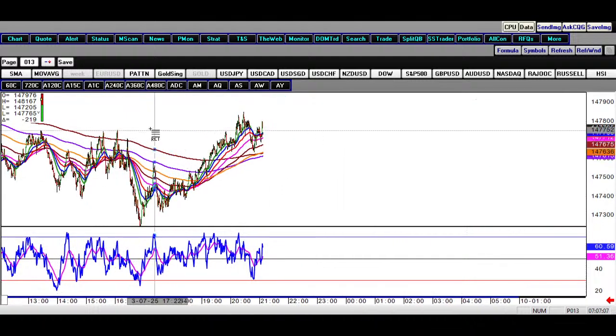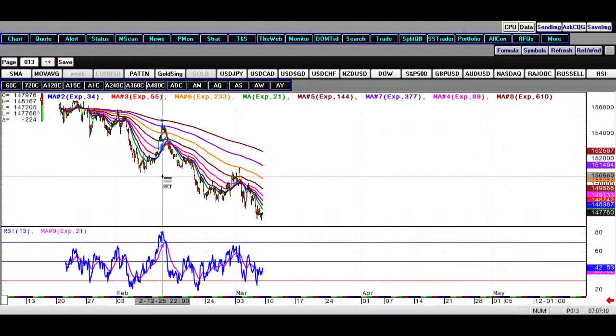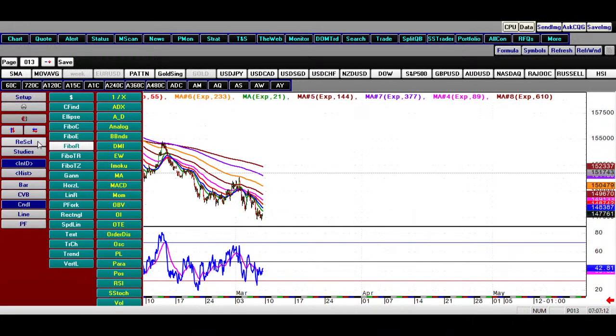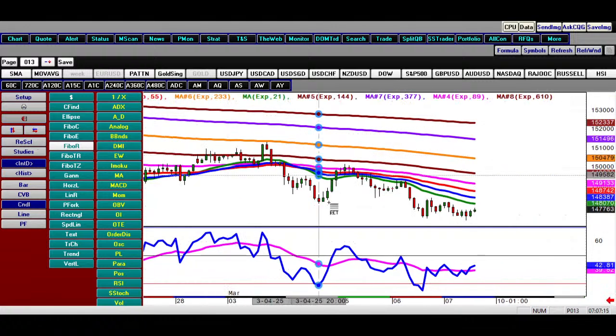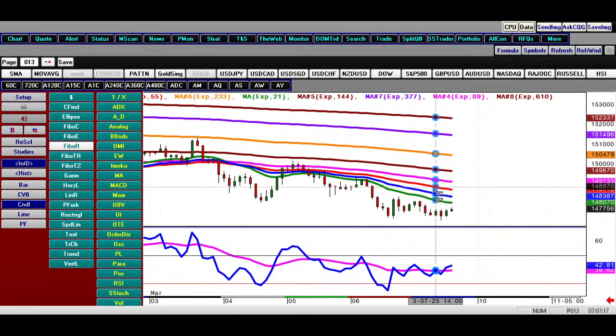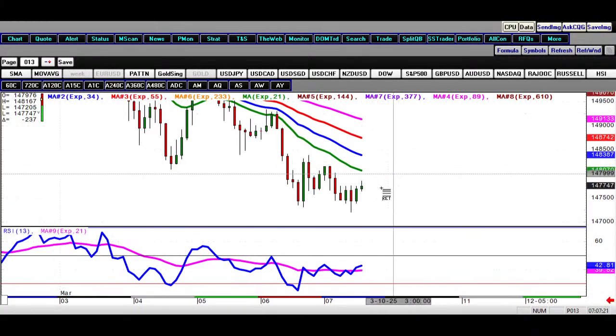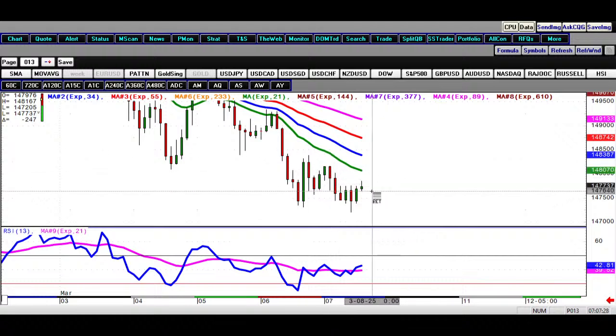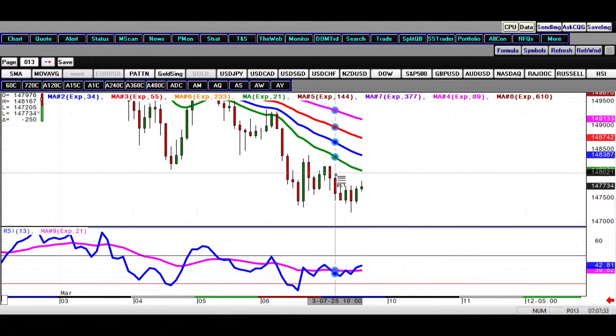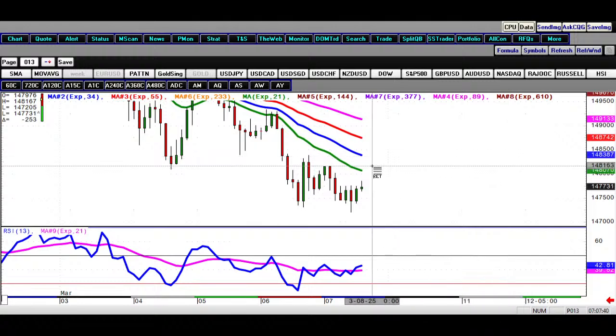we are going to trade two trades. One is we'll try to go with the direction of the trend, which is like we can sell at 148.15 or 148.35.